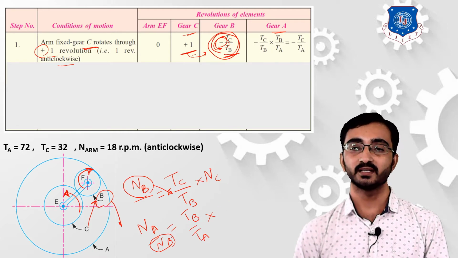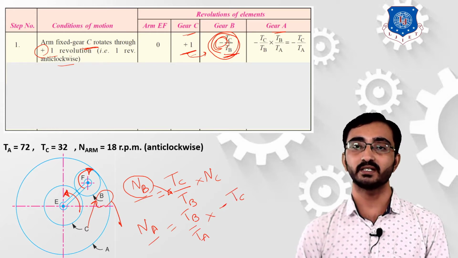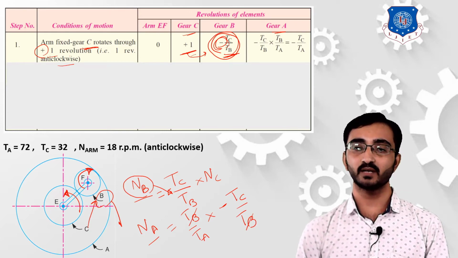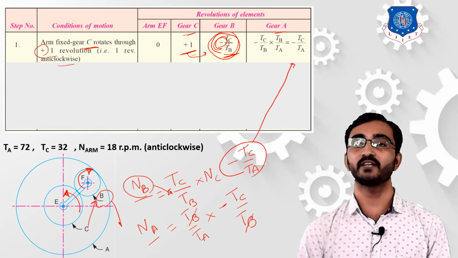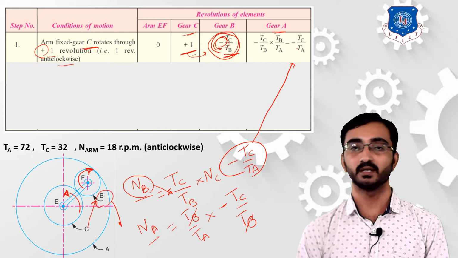So we write minus of TC upon TB. In this diagram you can see that TB can be cancelled out, so the final equation will be minus TC upon TA. That is mentioned here in the table: speed of gear A is equal to minus TC upon TA.